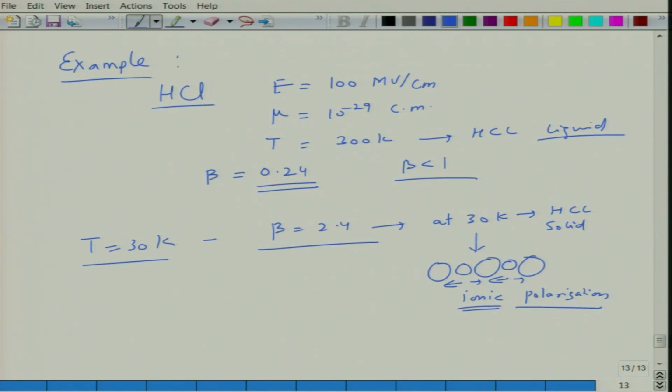As a result, the dipolar polarizability is not valid at lower temperatures; it is only the ionic polarization that contributes for HCl, because it is in solid form. So, sort of an NaCl structure it makes.